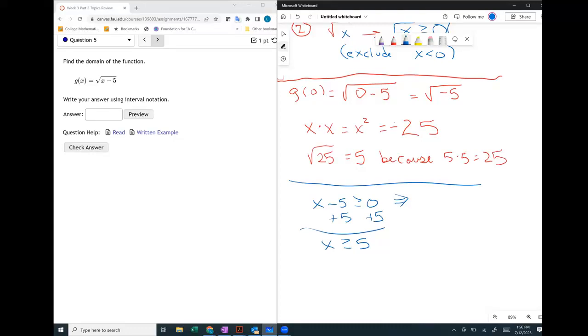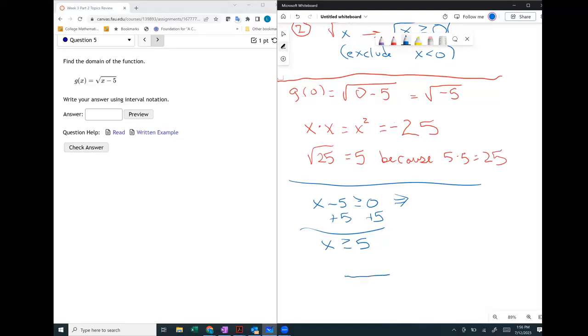So this says find the domain of the function, write your answer using interval notation. The first thing I have to think is, what would make x a problem? That's the first thing I always think about. What kind of problems am I going to create with x? I know x minus 5 has got to be greater than or equal to 0, which means x has got to be greater than or equal to 5.